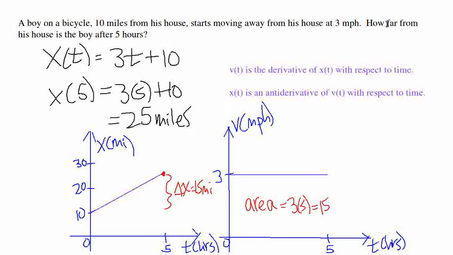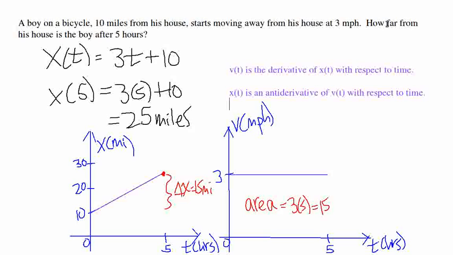Now, we could also do the reverse. We could find the area underneath the right graph by finding the change in height with respect to the left graph. Think about what we're doing in that situation.